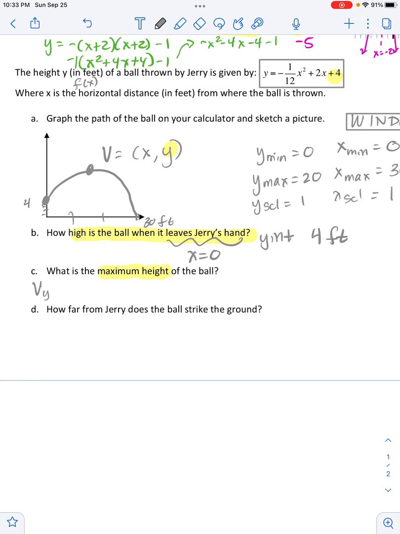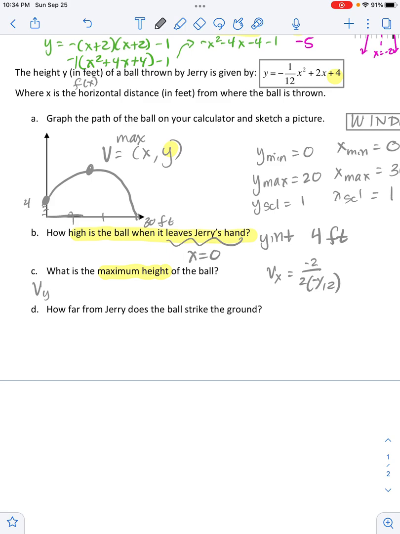So you can do that one of 2 ways. You can find v sub x in your brain using the opposite of b over 2a. Or since they had you graph this on your calculator, you can do second trace max. Because we had a negative a, our vertex is a max. You are not looking for the x coordinate.